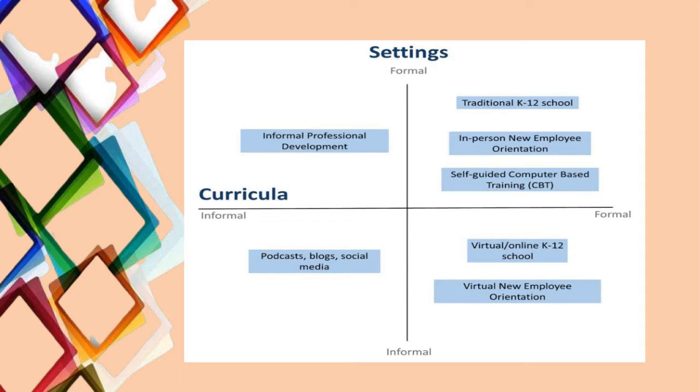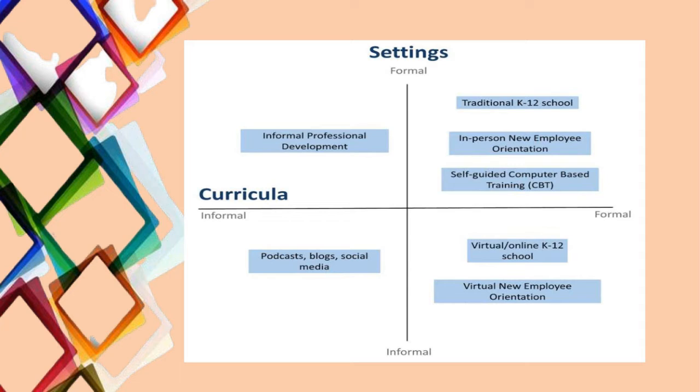Examples for formal curricula and informal settings are virtual online K-12 schools and virtual new employee orientation. Examples for informal curricula and informal settings are podcasts, blogs, and social media.